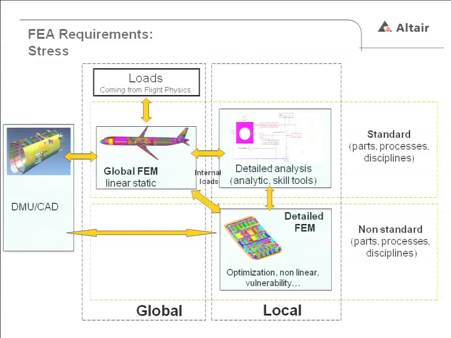So I would almost use those interchangeably in this format. The aero group gives us loads from their CFD analysis, and then we take those loads and apply those to a large system level model of the aircraft or the rotorcraft or whatever the case may be. And from that we produce base stresses, base displacements. We can extract loads from that, frequency response, among a series of other types of analyses that we don't need to go into.